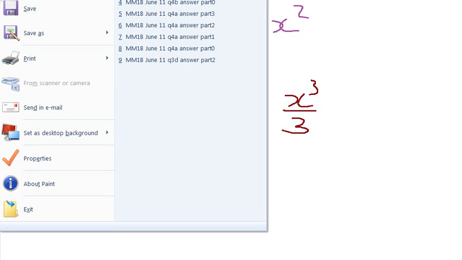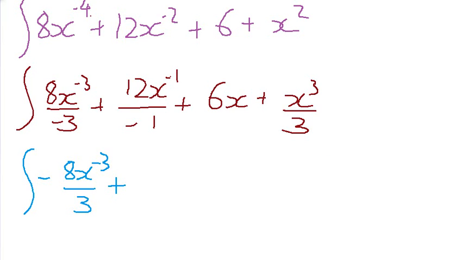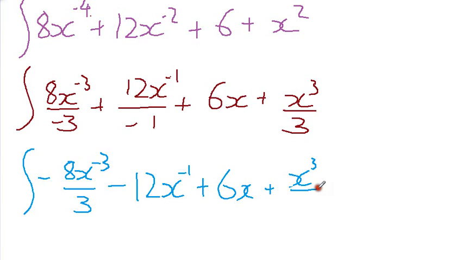I was talking too much. Let's get rid of that. That becomes a minus 12 x to the minus 1 plus 6x plus x cubed over 3, or a third x cubed, whatever you like. So that's our answer. That is our answer to question B part I. Quite long and quite annoying, but never mind.